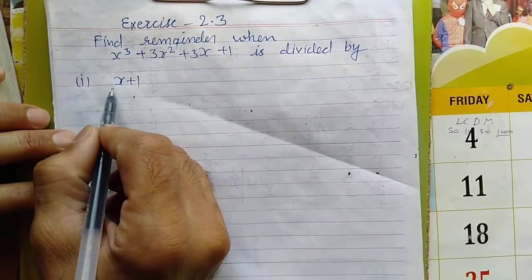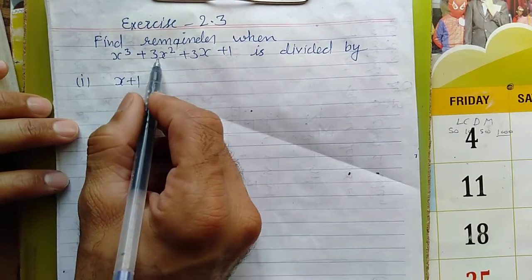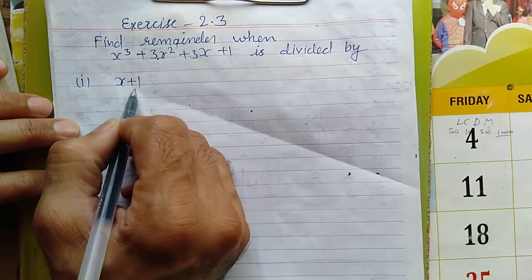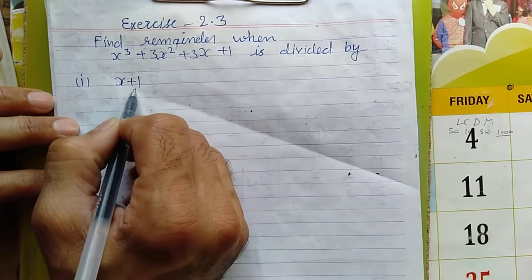So here we have x plus 1, so no need to divide it directly. We can find the remainder by using the remainder theorem.